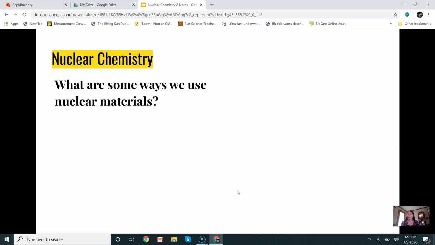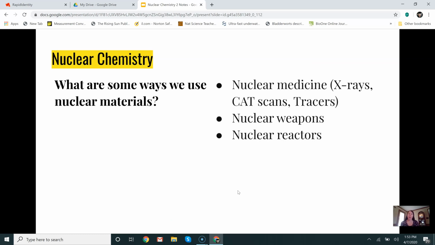Okay, so we do use nuclear materials probably more than we think. Probably the most familiar for most of us is in nuclear medicine. Almost all of us have had x-rays at the dentist, at the doctor's office. Some of us have had CAT scans or even testing where they put radioactive tracers in your body to have better imaging.